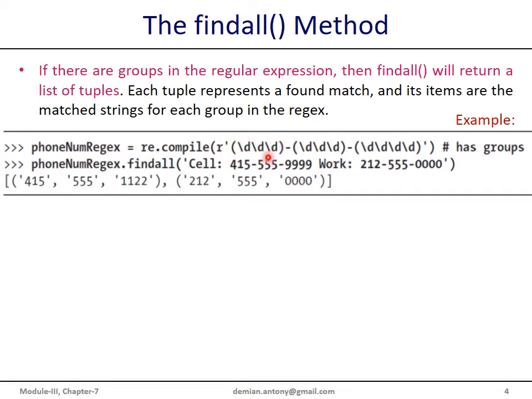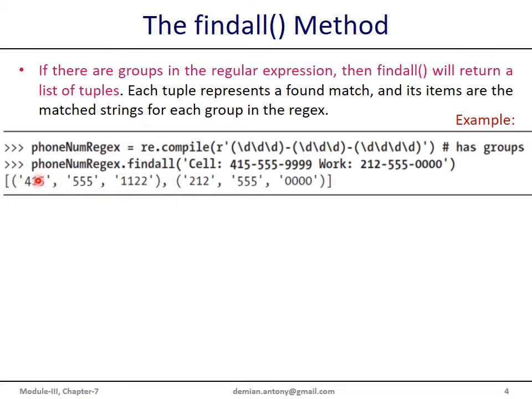Group 1 is an area code, and this is the first portion of the telephone number, and this is the second portion. And if we use the FindAll method, it will return a list of matched strings. We have two strings and we get two items in the list, and each item is a tuple containing the groups. You can see here, this is the list, and we have a list of tuples.